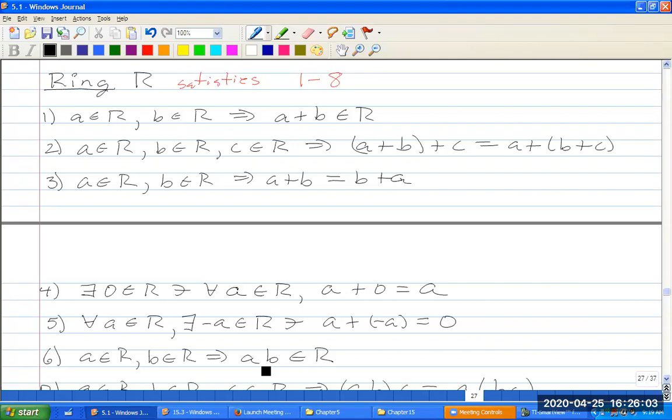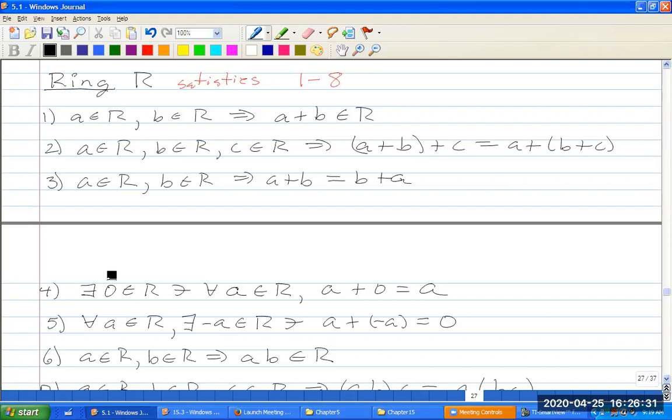Next, there is a nullary operator on the set R such that there exists a quantity, so this is the existence of an additive identity, the additive unit, the existence of 0.